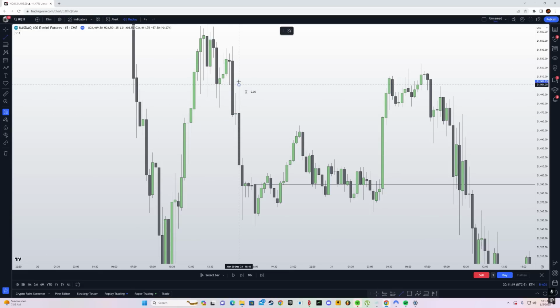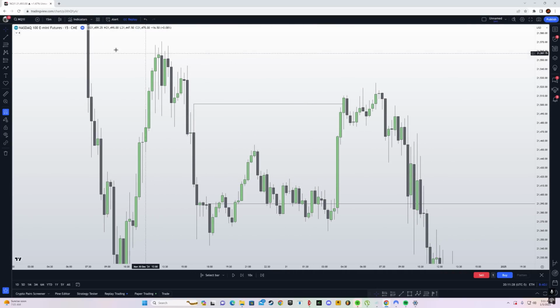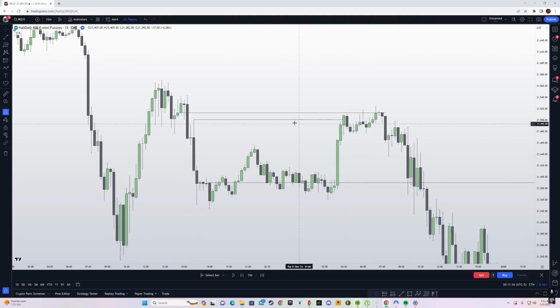Over here, what do we have? We have a short-term high that was swept. Now, look also here, we have this order block, right? Very simple stuff.